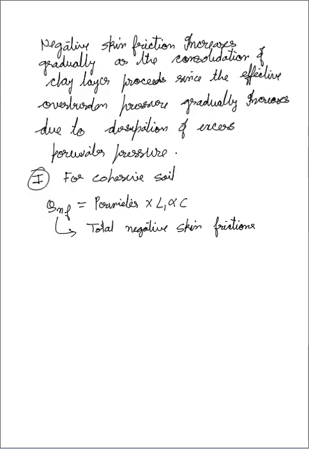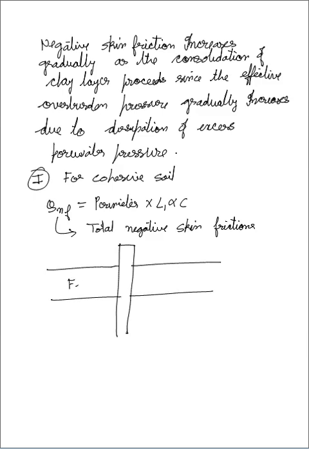So we have seen this is your pile, and this is your fill area. This is loose soil. So this is your L1. Suppose this is your dense soil, this distance is L2.